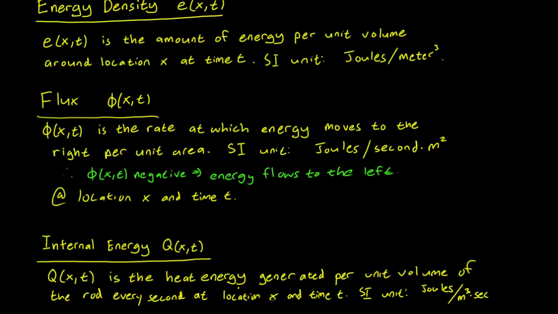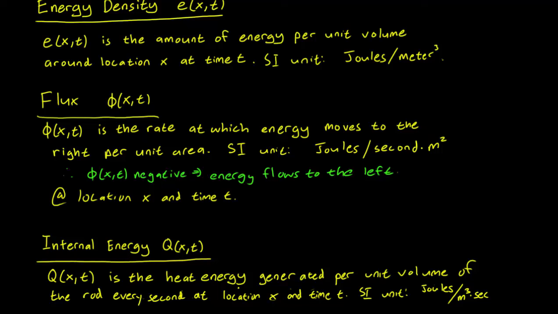Lastly, we want to define the internal energy, which is represented by Q, again with arguments x and t. So Q(x,t) is the heat energy generated inside the rod per unit volume and every second. So this tells you how much energy the rod is creating every second.